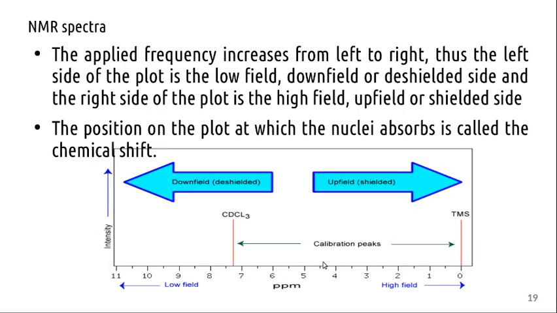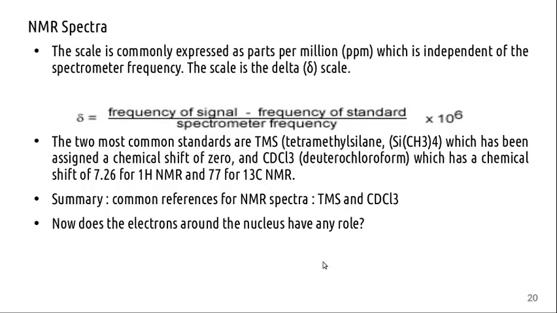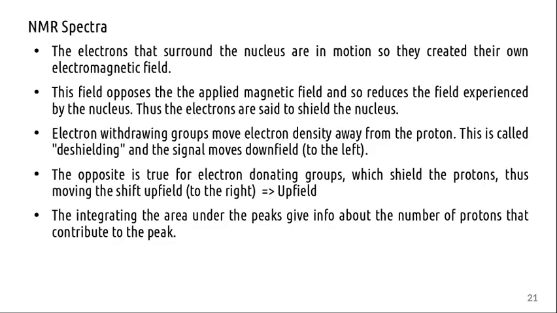Now say something about upfield and downfield. You already have electrons around the nuclei, so they will also have some role. If there are electron donating groups present around the nuclei, the electrons will try to reduce the effect of the magnetic field.